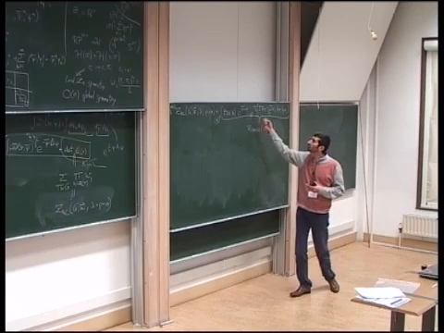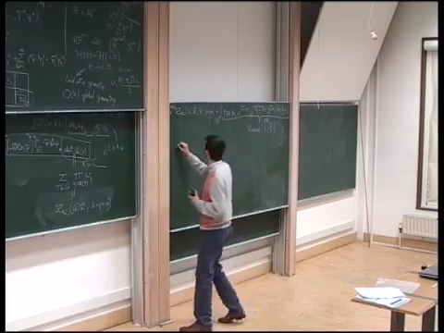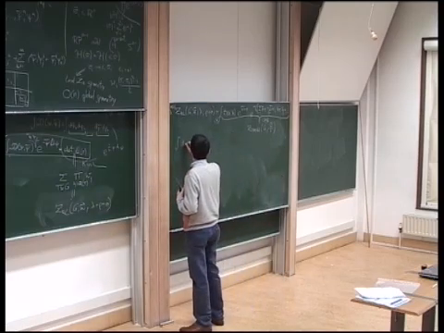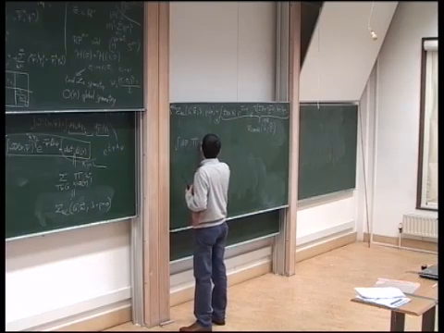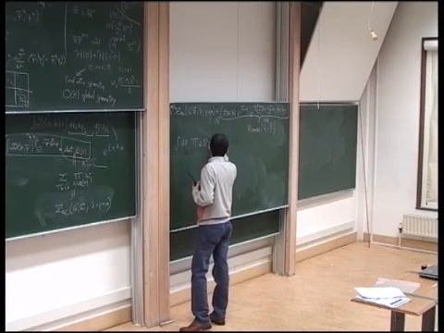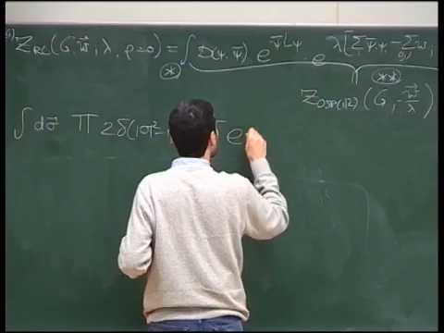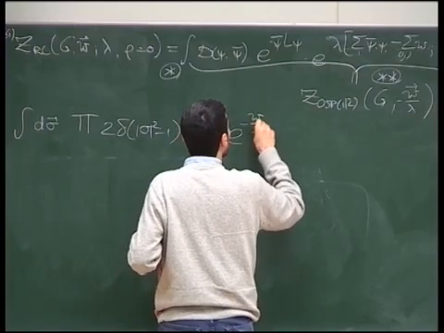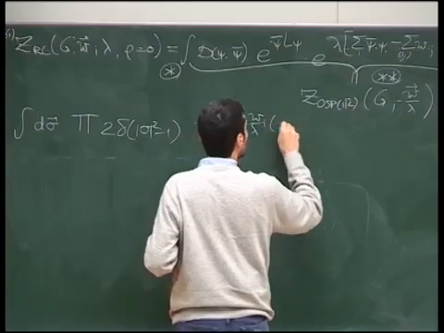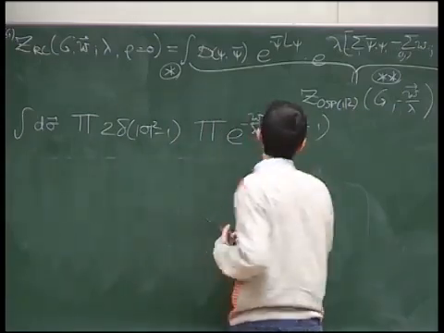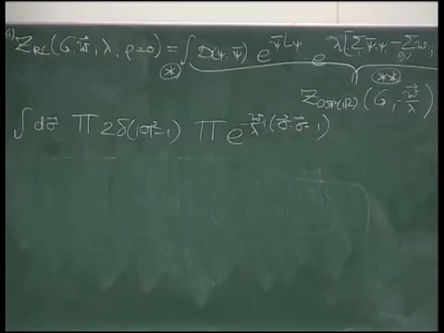The idea for doing this is to recall what this means. This was the integral over sigma, product over i of delta of sigma squared minus 1, product over the edges of e to the minus w over lambda sigma sigma.